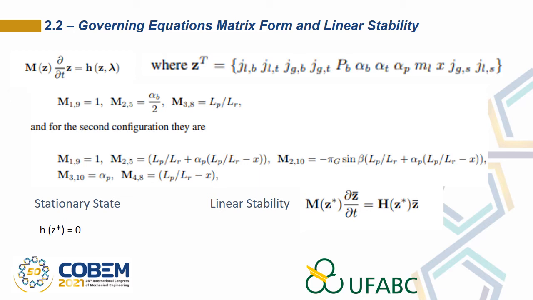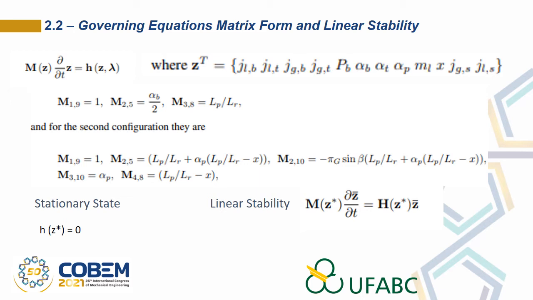First, we obtain the stationary state. Only the first configuration has a stationary state, denoted Z asterisk, the solution of f of Z equals 0.